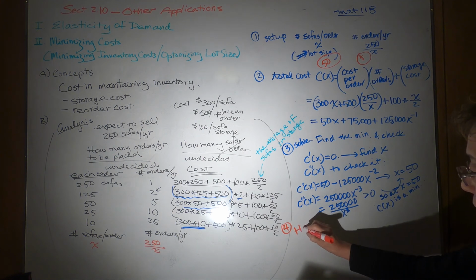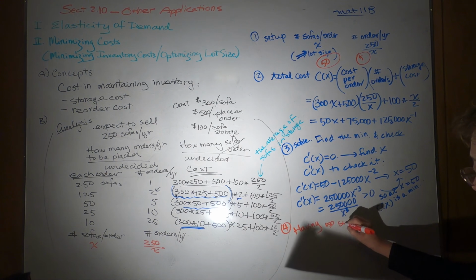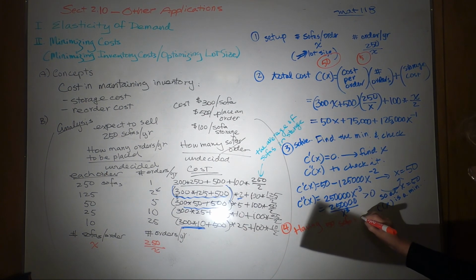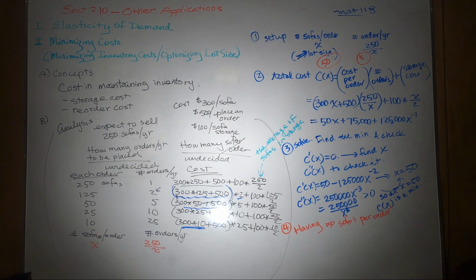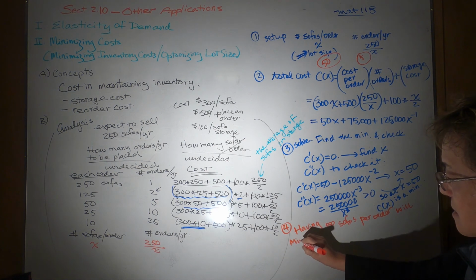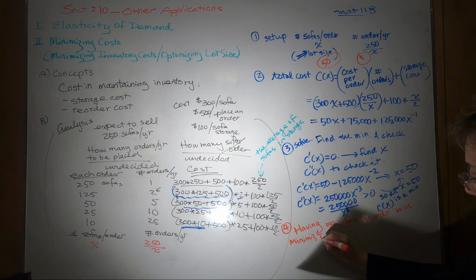So you will write your conclusion. You will say having 50 of them per order will minimize the cost.